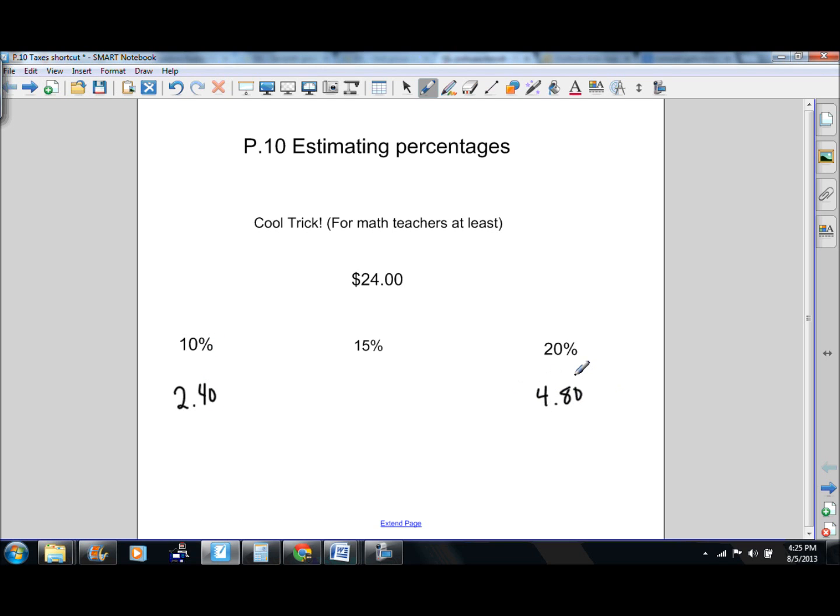If you wanted to find 30%, you'd triple it. 40% would be times 4, and so on. But if you wanted to learn an in-between percentage like 15, all you would do is average these two, which in this case, since it goes up by 2.4, we just have to divide 2.4 by 2, which is 1.2, and we go up by that much, so 3.60.